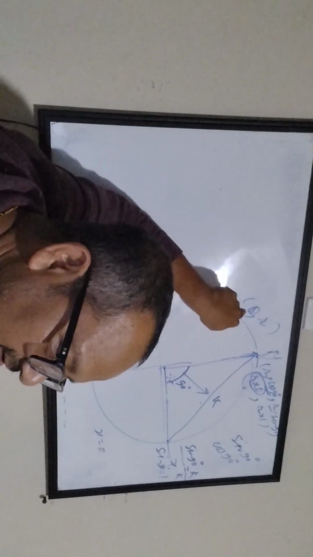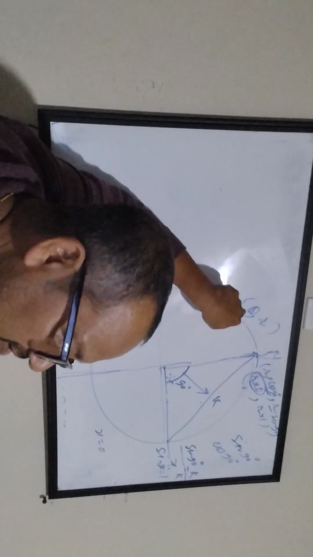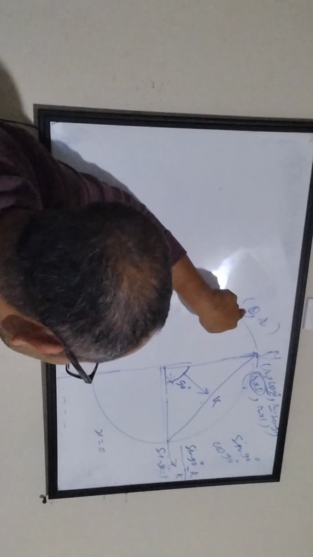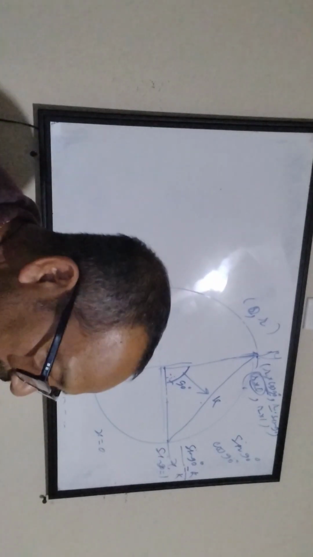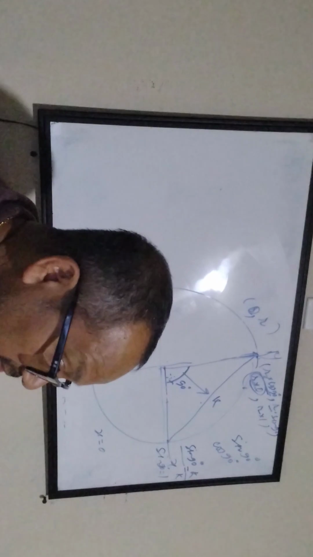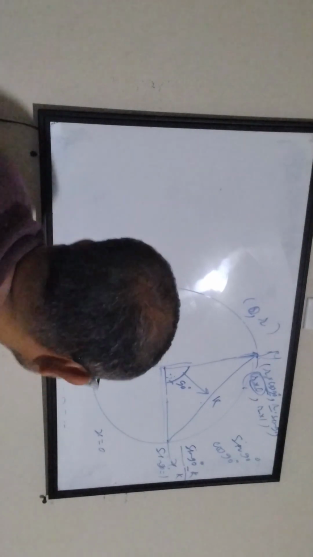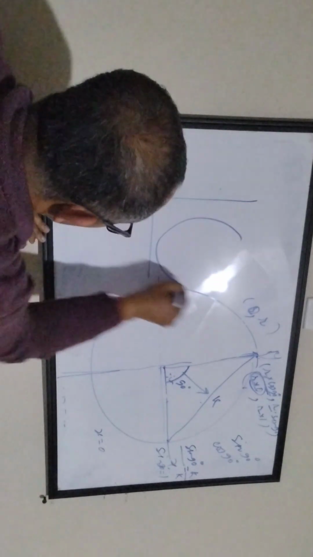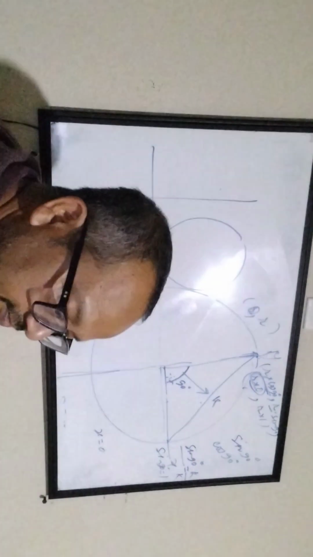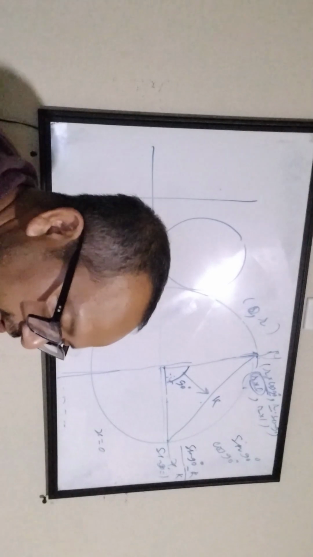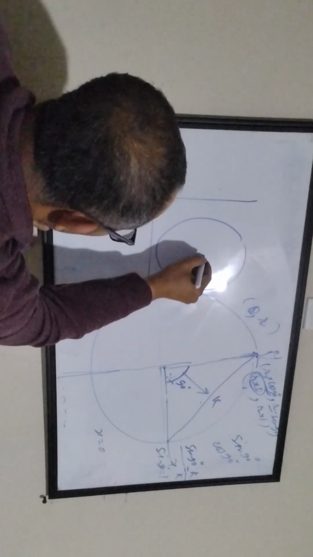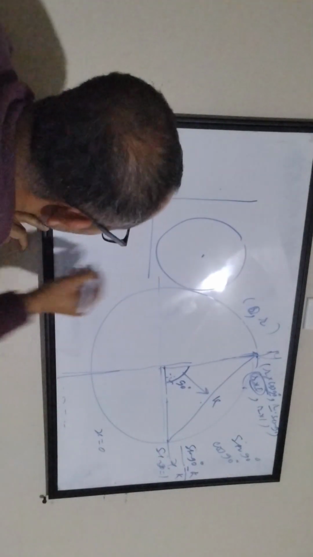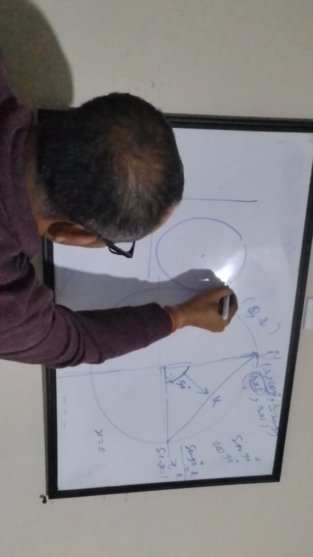But if the circle's center wasn't at the origin, could we still use this to find the coordinates? 100%. You can always. These are your coordinates, and the circle is somewhere here. So what you have to do is find out the x and y coordinate.